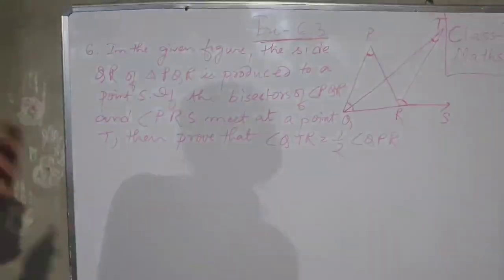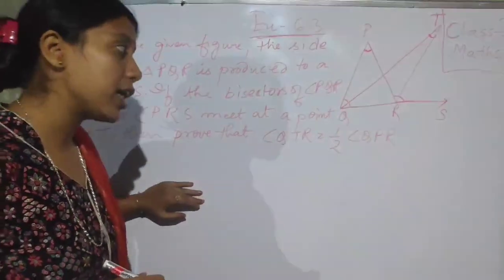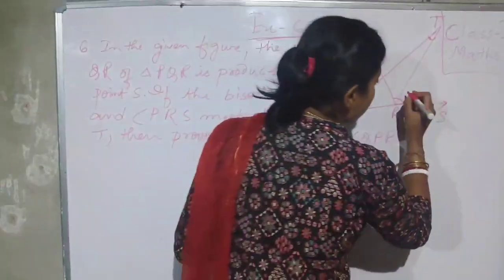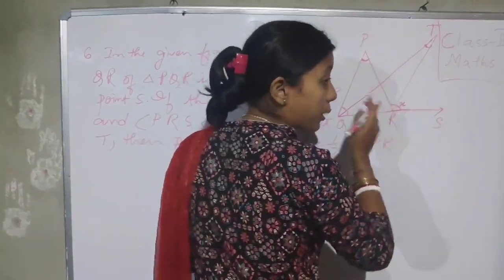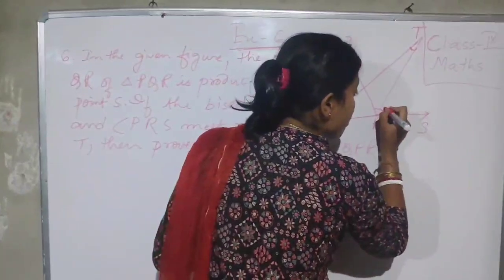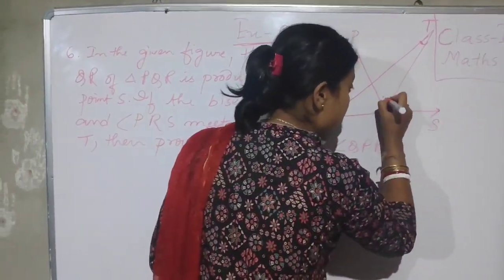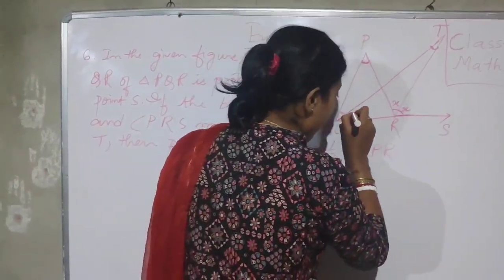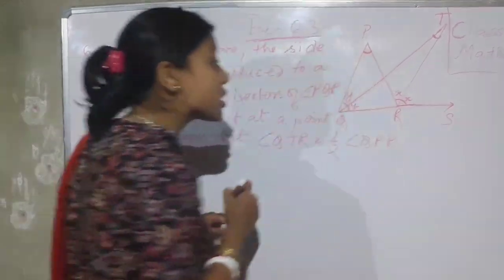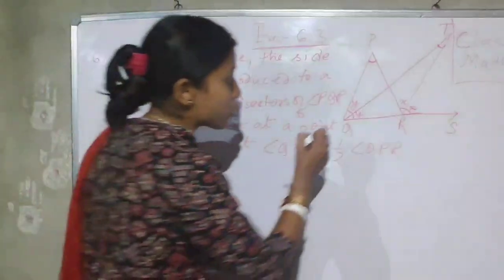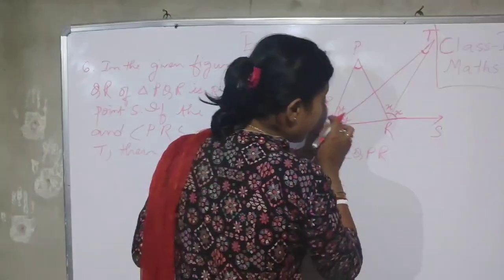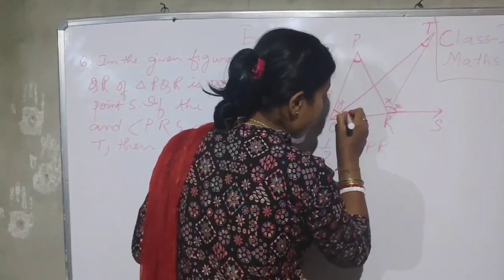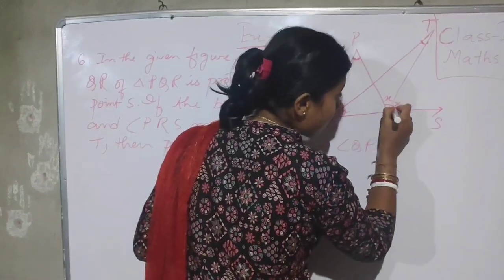So I'll show you an easy method to solve it. Very easy. So suppose we take this, as it is a bisector, then they will divide in two parts. So take this as x and this also as x, and this as y and this also as y. As there is a bisector, it will divide in two parts, so here also in two parts.